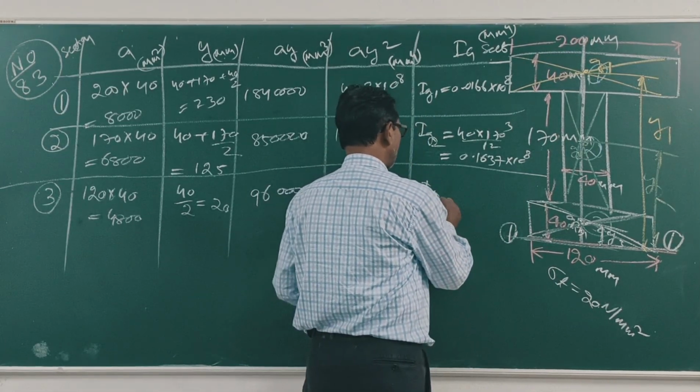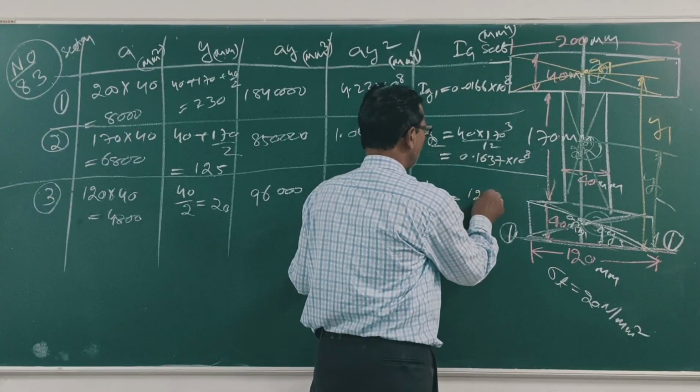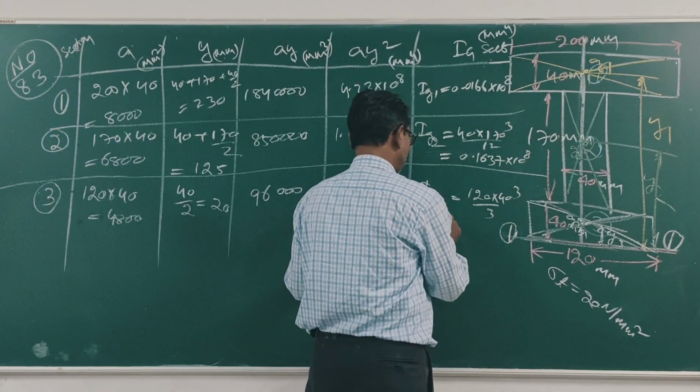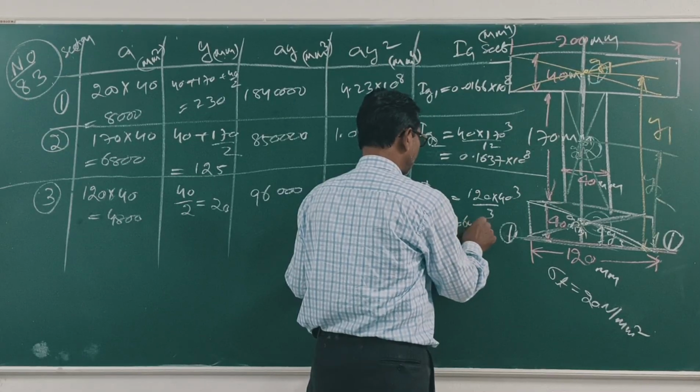Ig3 is equal to bd cube by 12, 120 into 40 cube by 12, which is 0.0064 into 10 to the power 8.